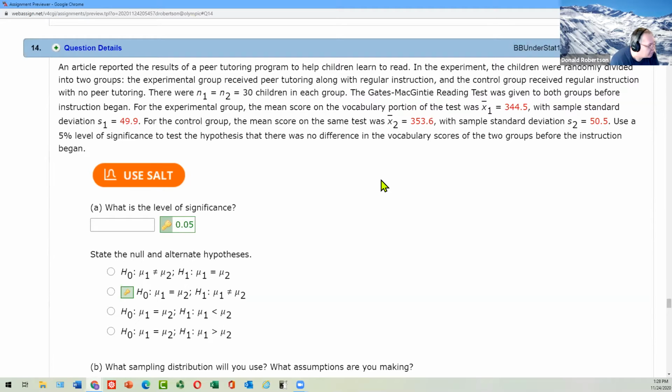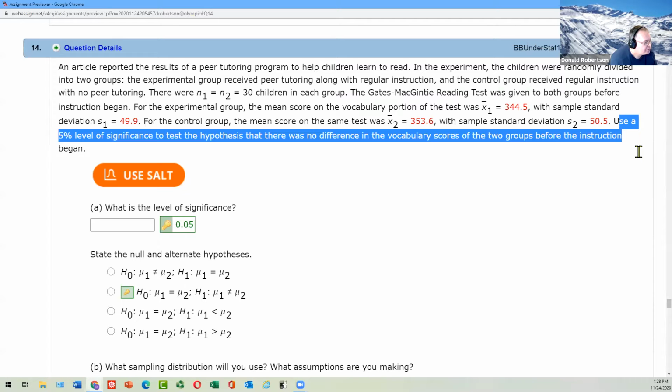50.5. And we are being asked to test this one. Use a 5% significance level, so alpha is 0.05, to test a hypothesis that there's no difference in the vocabulary. So we are basically doing an H0, HA story. They're equal to each other, or they're not equal to each other.